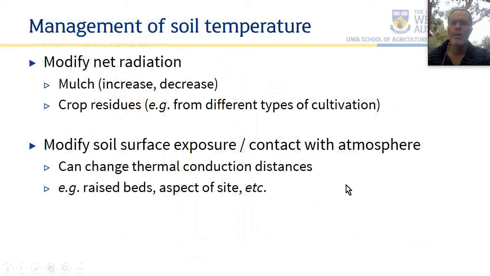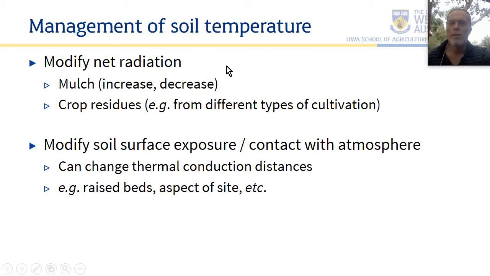All right. So if soil temperature is so important, if it affects so many things, how can we manage it? Well, we can do a couple of things, and there are a couple of categories that we can put our management strategies into. One is by modifying the net radiation hitting the soil surface.